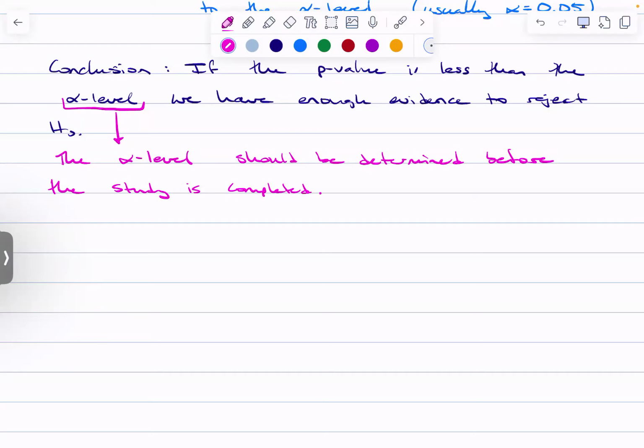The alpha level is a threshold where you say, I understand that it could have happened just by random chance alone, but it's unlikely. And so then I'm going to reject H naught.